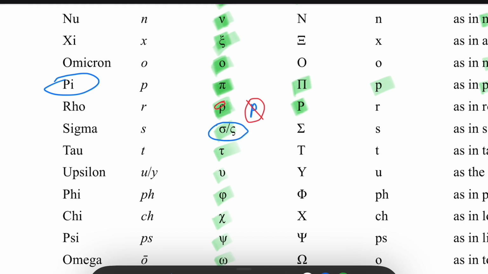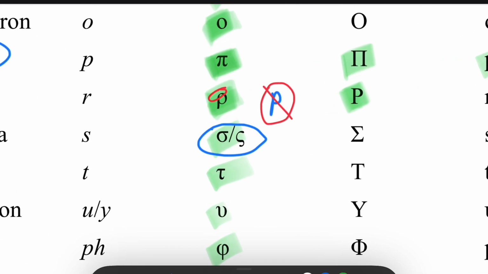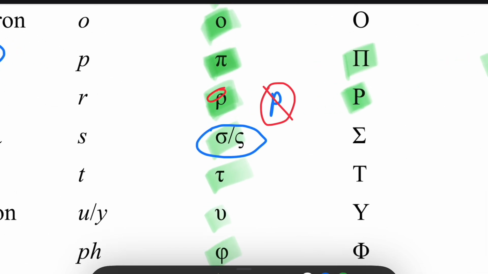There is the sigma that you would encounter at the beginning or in the middle of a word. And then at the end of a word, you would encounter the sigma with a tail at the bottom of it. So this is going to be kind of your normal, and then this would be your final form of sigma.